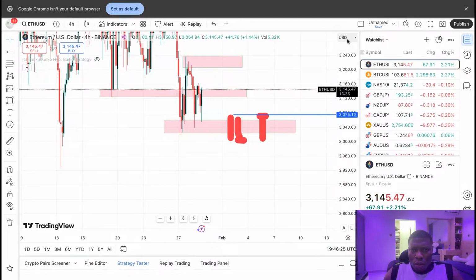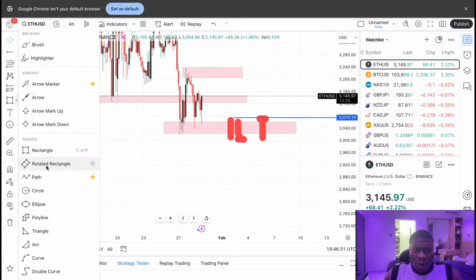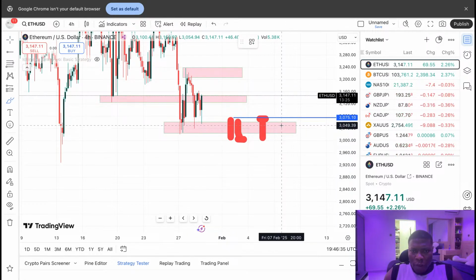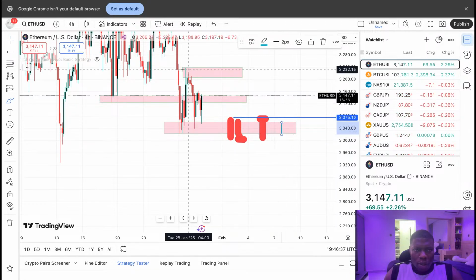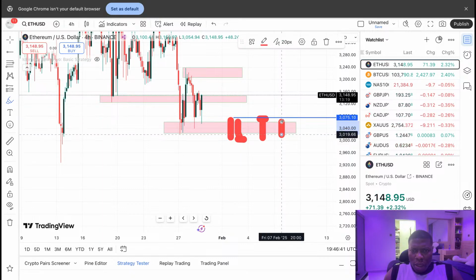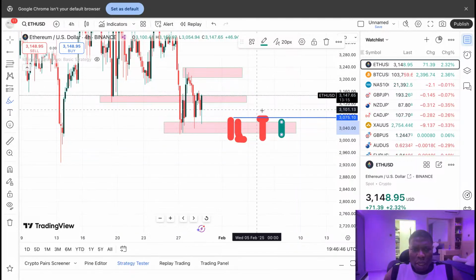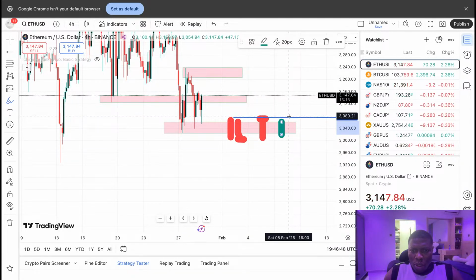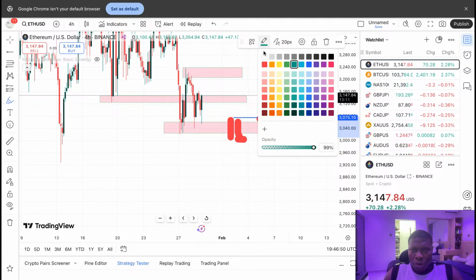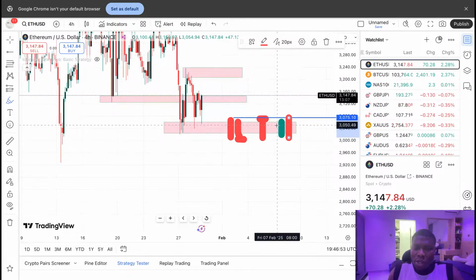Then this can also be a double candlestick, just like a bullish engulfing or bearish engulfing. Sorry, we have a candlestick forming here, which should be green, and we also have another one which should be red. So this is a bearish engulfing, in case it's a double candlestick rejection.